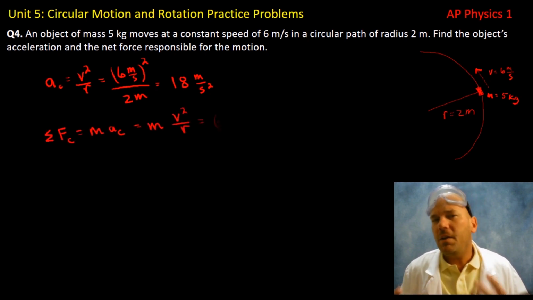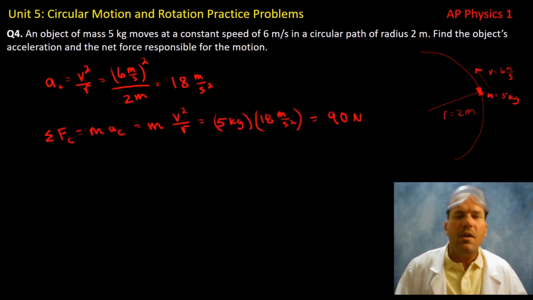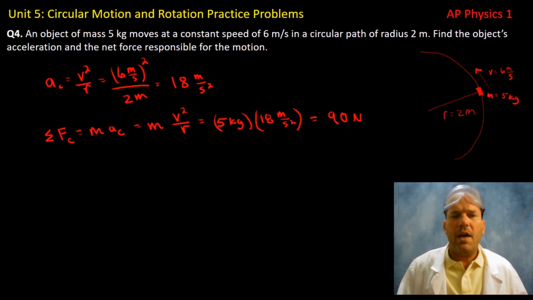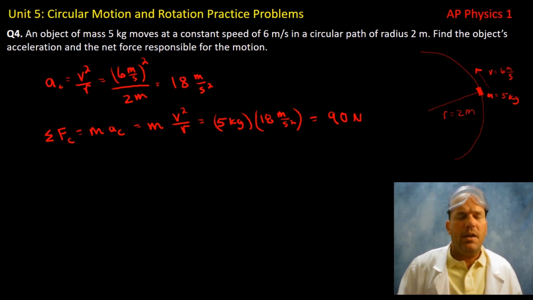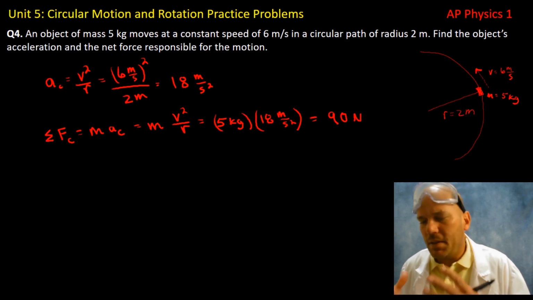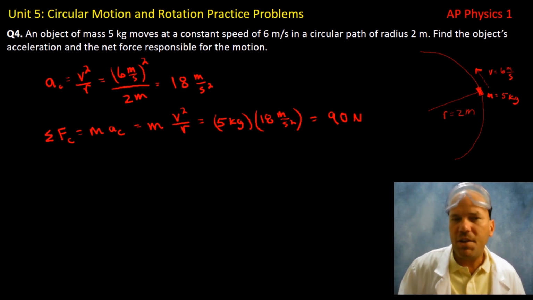And to find our forces, we're going to sum our forces centripetally. These are our inward forces. In this case, the sum of the forces is equal to the mass multiplied by the centripetal acceleration.